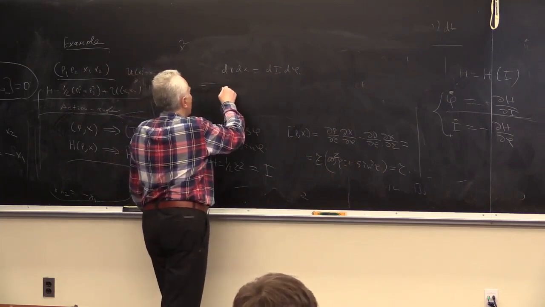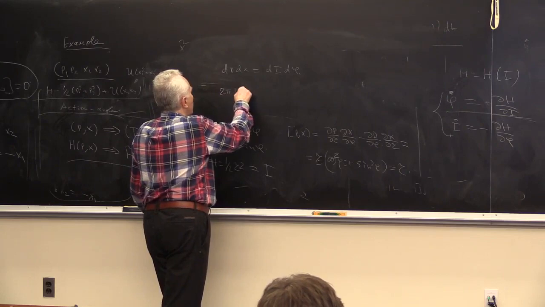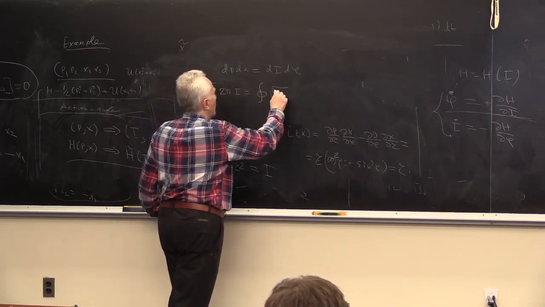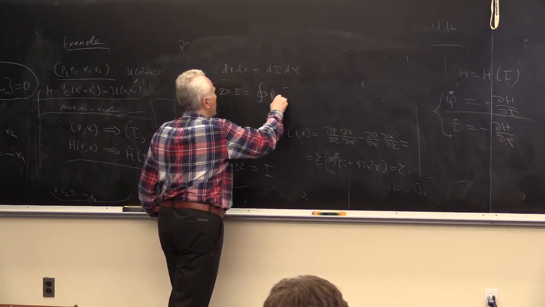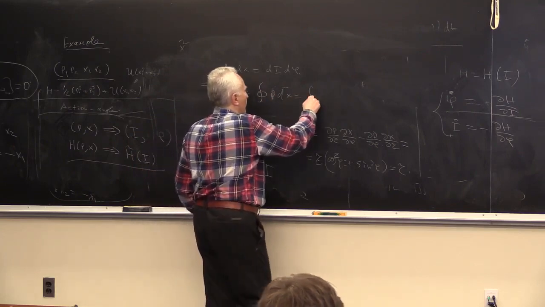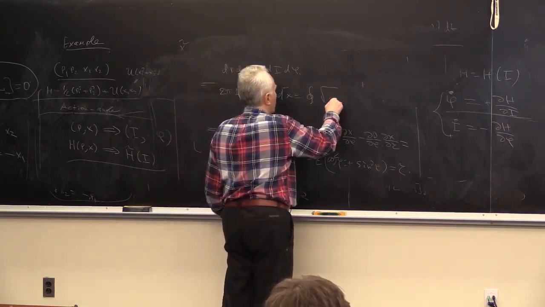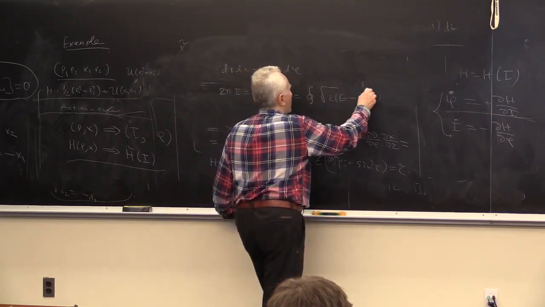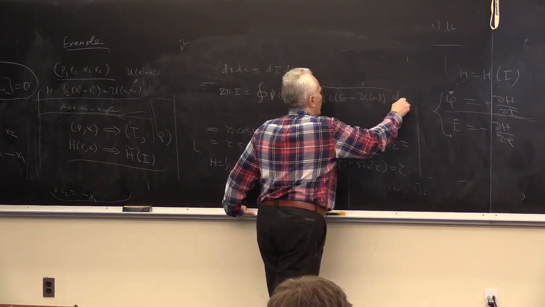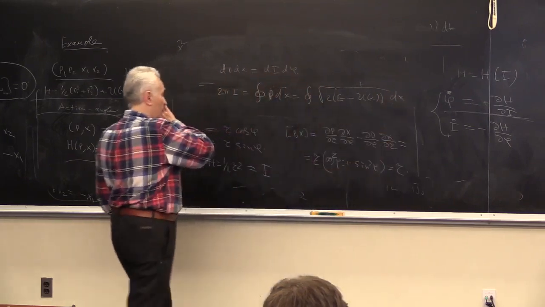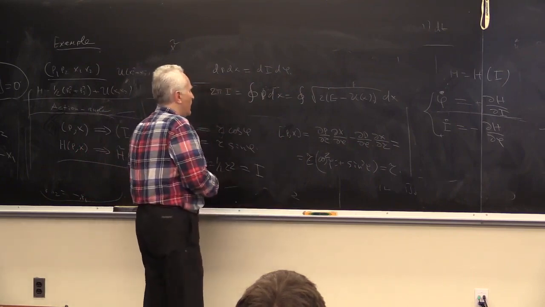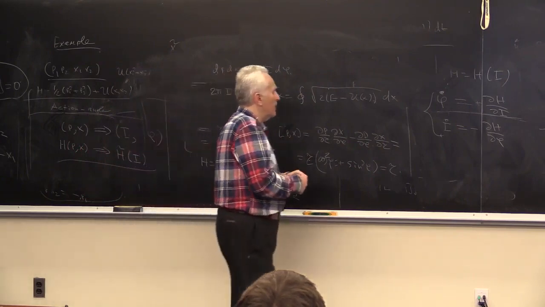You find that 2 pi I is the integral over the trajectory p dx. So basically that defines this action variable.